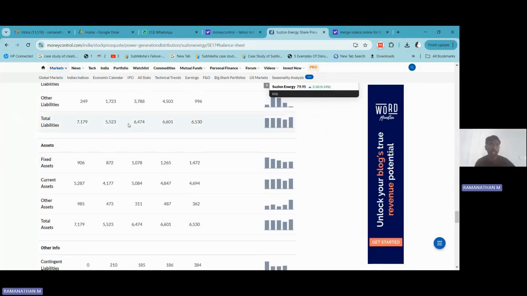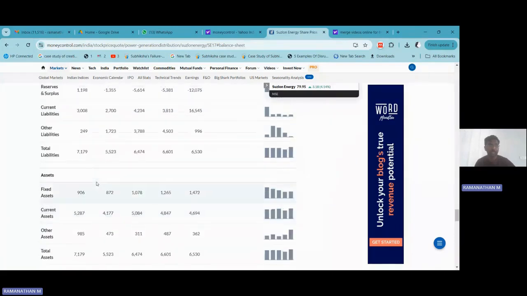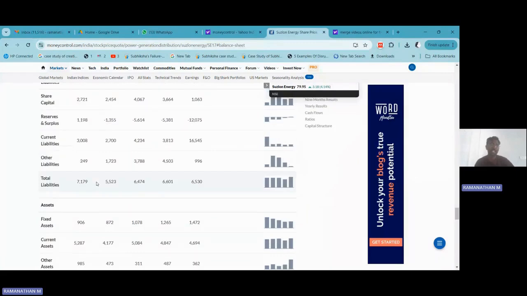Comparatively, other liabilities and other assets are greater, so it's good. If you take current assets and current liabilities, current assets are good enough. The fixed assets are also far better compared to the reserve or surplus amount. So it speaks about the company Suzlon Energy performing well. They have nearly 2,000 as surplus and reserve, and their share capital is nearly 2,800.